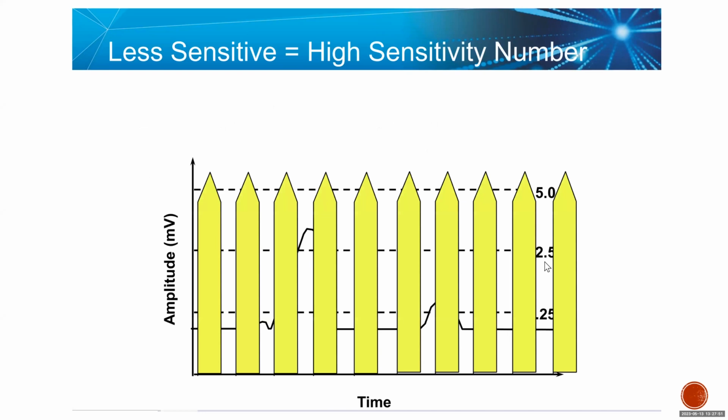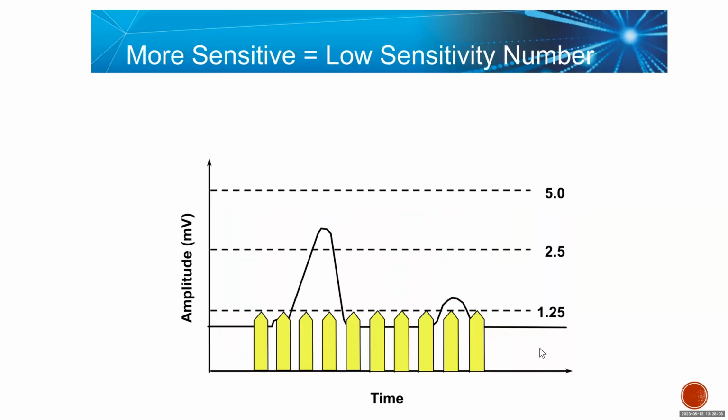If we ask the device to see only R waves more than 5, it means it's just not going to see anything. Even if there's intrinsic rhythm, it will think that there's nothing and will just keep pacing. And if we set it too low, we'll say, you know what, anything more than 1.25 millivolt, see it.